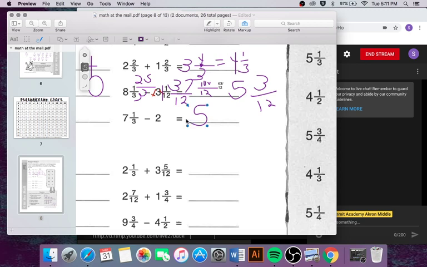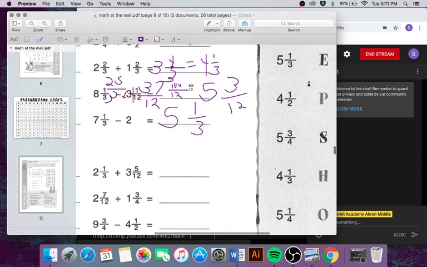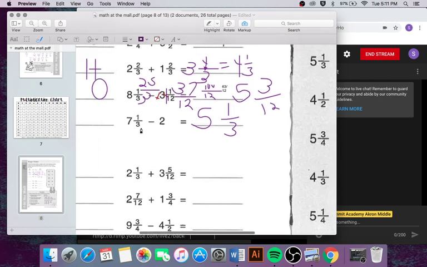So our answer is going to be 5 and 1/3. Okay, and 5 and 1/3 is up here, and that letter is going to be E.